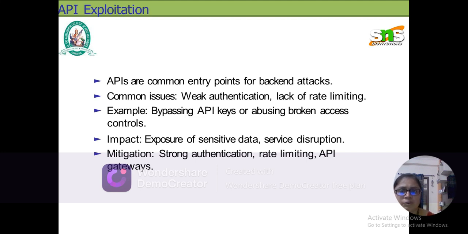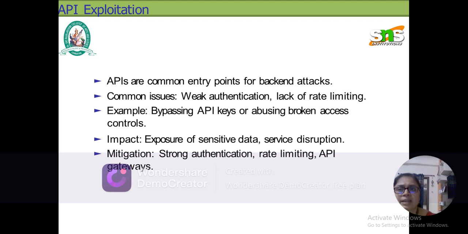It can include authentication, input validation, rate limiting and data exposure issues. The main consequences are data breaches, system compromise and damaged reputation. There are many types of API exploitation, such as authentication bypass and rate limiting abuse.